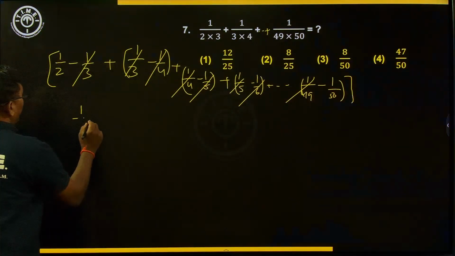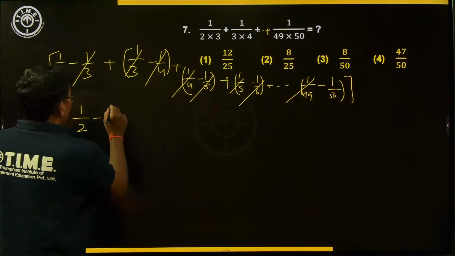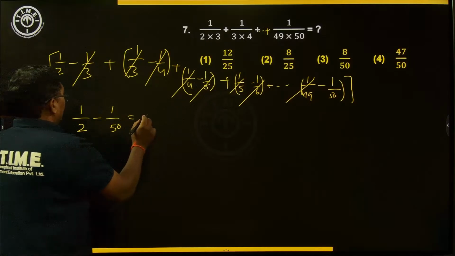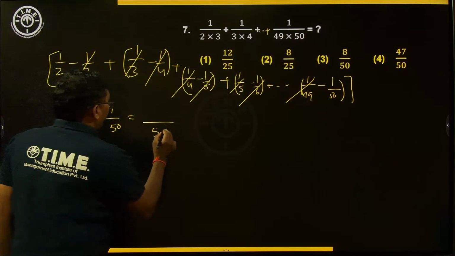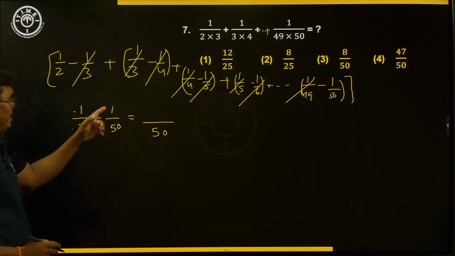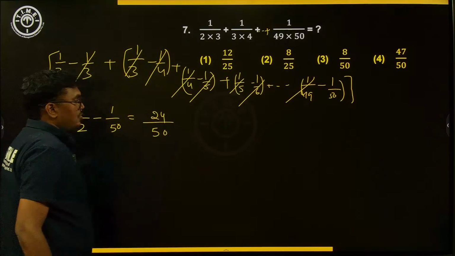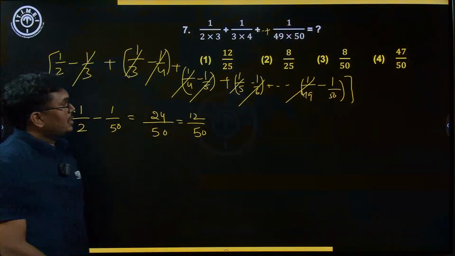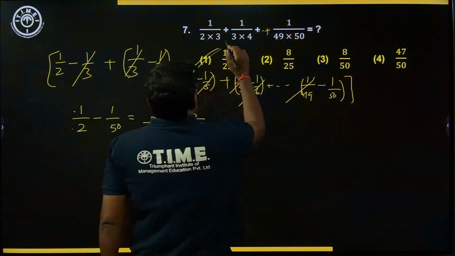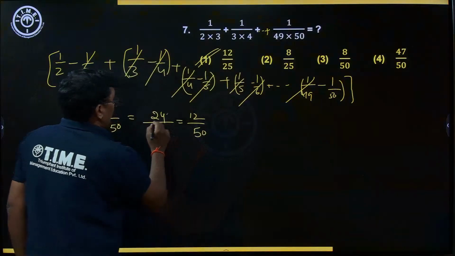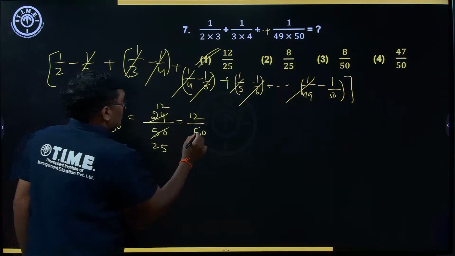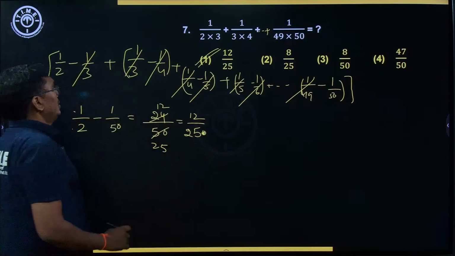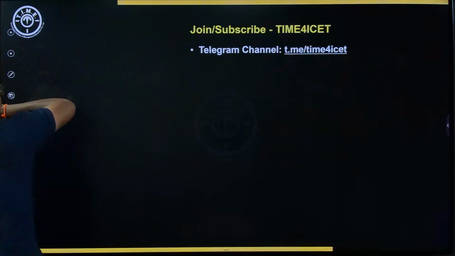Finally this is 1 by 2 minus the last term 1 by 50. LCM is 50, so 25 minus 1, 24, that is 24 by 50, which is 12 by 25. So the correct answer is choice 1. Let us see the next question.